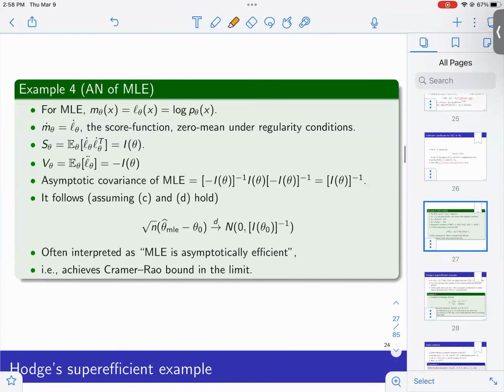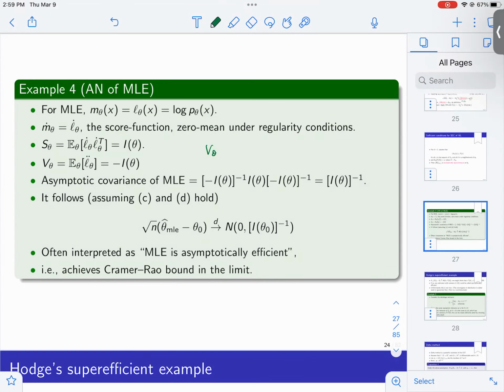So let's see what happens in the case of the MLE. In the MLE case, m theta is log p theta of x, the log likelihood. The first derivative is the score function, as was mentioned before. S theta is the Fisher information, as we saw. V theta is negative Fisher information. So the quantity which was the asymptotic variance or covariance matrix is V theta inverse S theta V theta inverse.